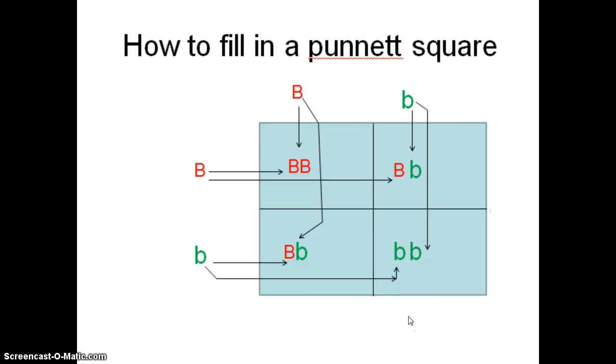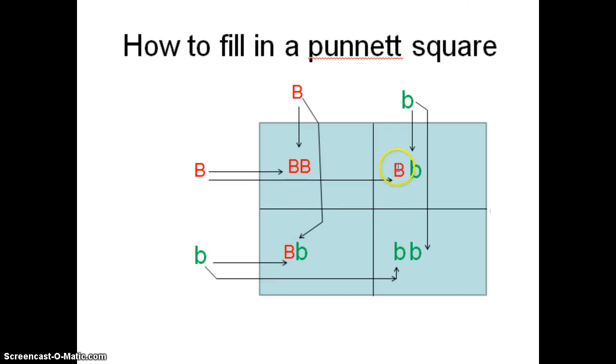Now, if I needed to describe them phenotypically, I need to know what the letters actually mean. So we're going to use a big B for big, and a little b for baby, baby-sized. I'm just making this up. So here, this person would look big. This person would look big because the lowercase b is being overshadowed by the big B. Same thing here.